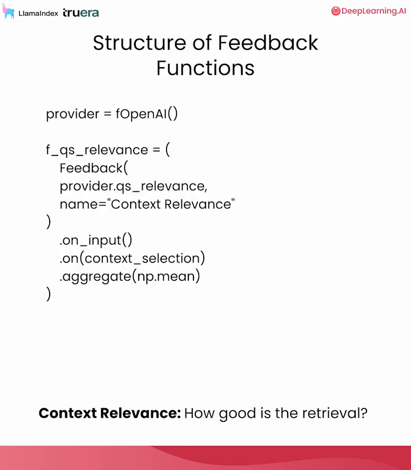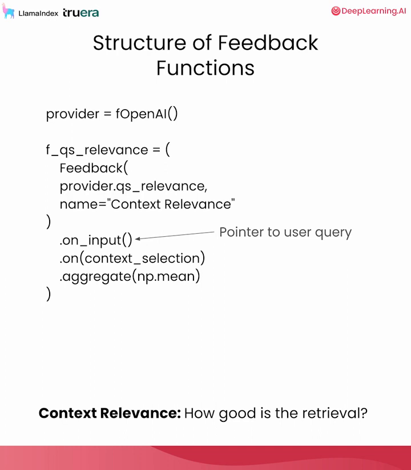Various pieces of this structure are similar to the structure for answer relevance, which we reviewed a few minutes ago. There is a provider, that's OpenAI, and the feedback function makes use of that provider to implement the context relevance feedback function.